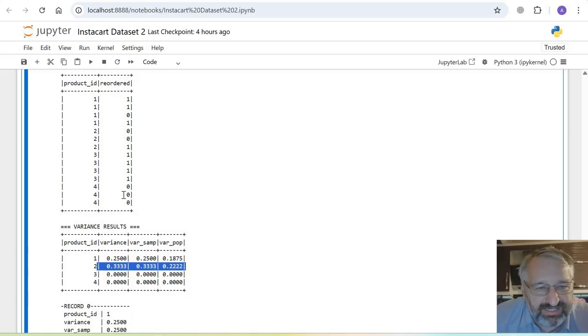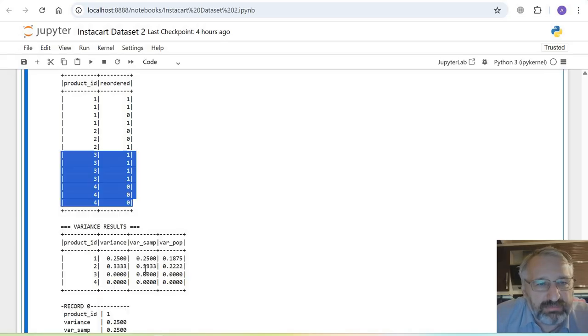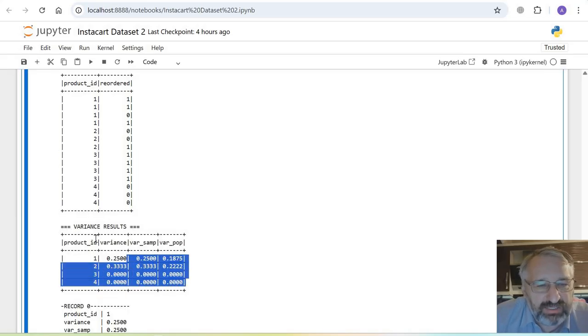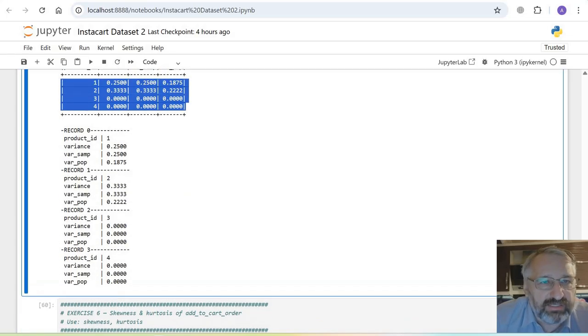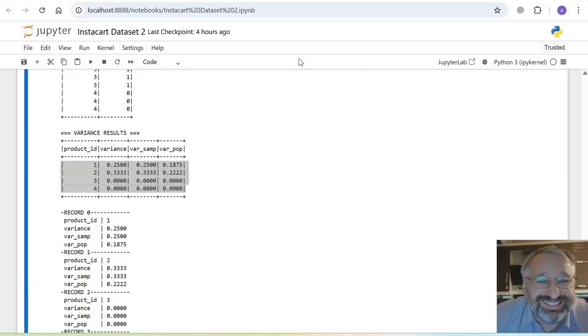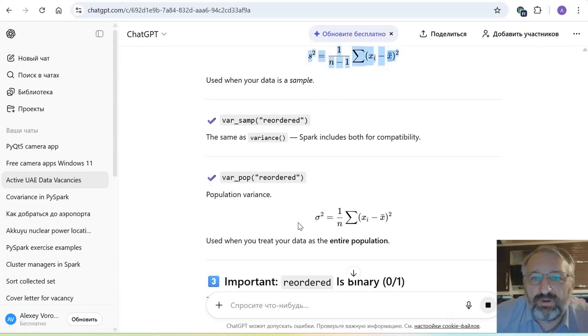Thus we see the results are different. Where the value is the same all the way, the variance is 0. So variance is how much the value differs left and right. So this is the formula for sample variance, and this is the formula for population variance. And n minus 1 versus n is the difference.